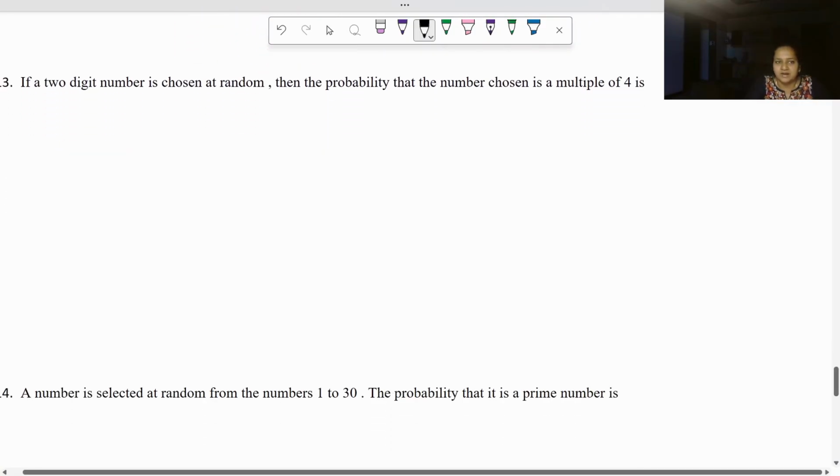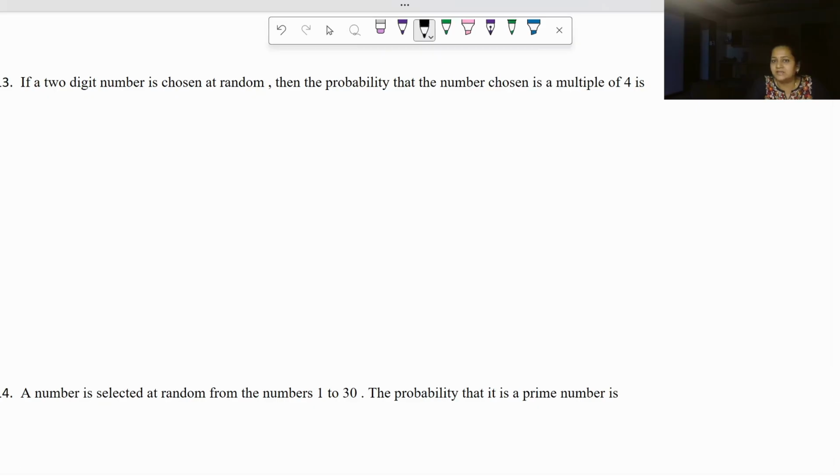Looking at the next question, we have: if a two-digit number is chosen at random, then the probability that the number chosen is a multiple of 4 is... If a two-digit number. How many two-digit numbers are there? The smallest two-digit number is 10, correct?